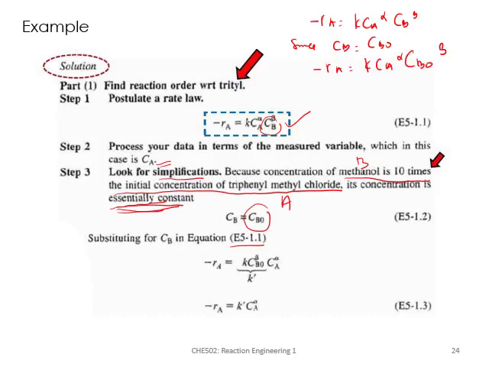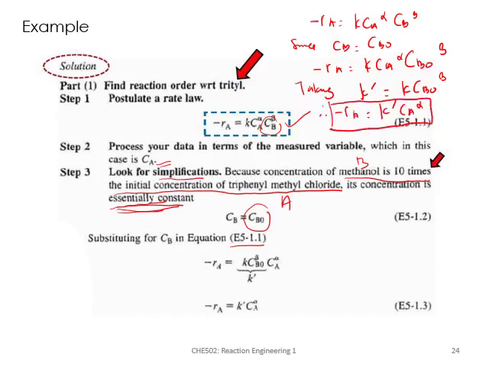Further simplification is taking k prime equal to k CB naught beta. Then you may rearrange your rate law as negative rA equal to k prime CA alpha.